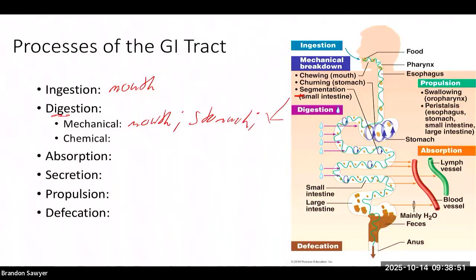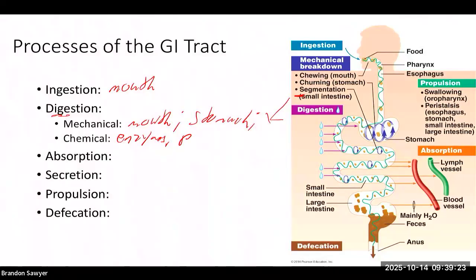We do segmentation, which is when we're pushing the food along with peristalsis, and then the small intestine just pinches off in one spot and the chyme hits up against that, which makes it churn and move around. So there's some mechanical digestion that happens with that segmentation throughout the small intestine.